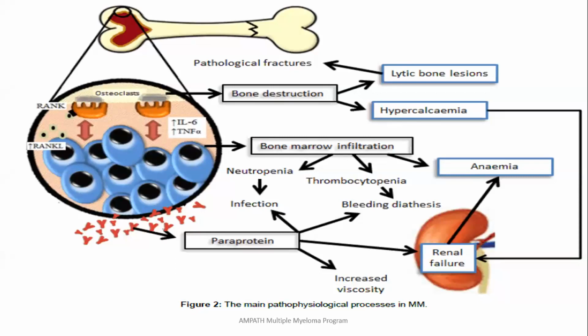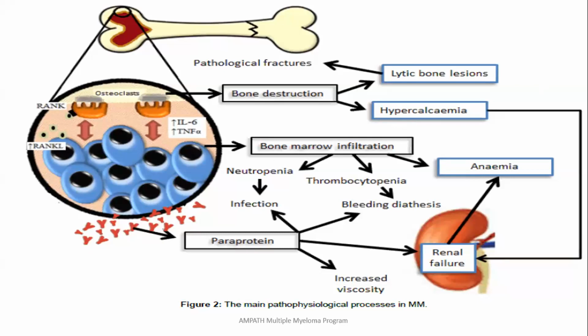The viscosity also might be clumping the platelets, increasing the risk of bleeding diathesis. At the same time, you have bone destruction. Matthew mentioned that he came with back pain, which is possible because the multiple myeloma was affecting his bones.